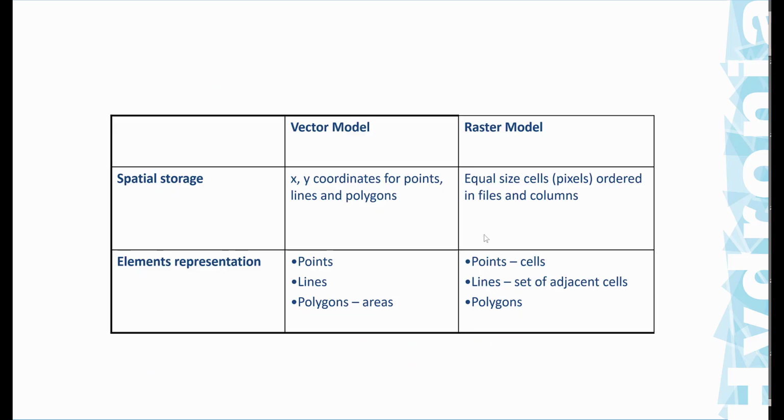In summary, the vector representation is based on points defined by x and y coordinates. These points can be joined to form lines or polylines and eventually polygons. And it should be noted that the shapefile format, which I haven't talked about yet, we'll make use of extensively during the course. The shapefile format is the native format for vector layers.